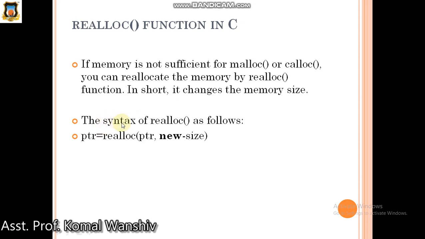See the syntax. Realloc in brackets accepts two parameters. The first parameter is the pointer name, that is the old pointer, and the second parameter is the new size. It allocates memory and returns a pointer to the pointer variable.